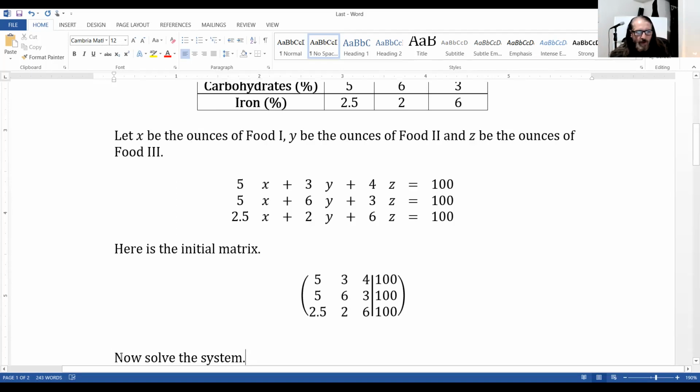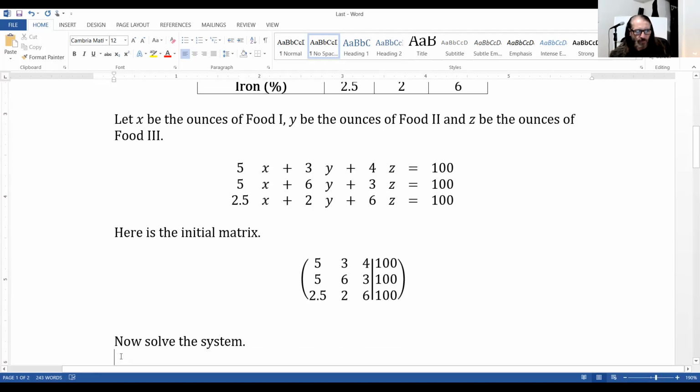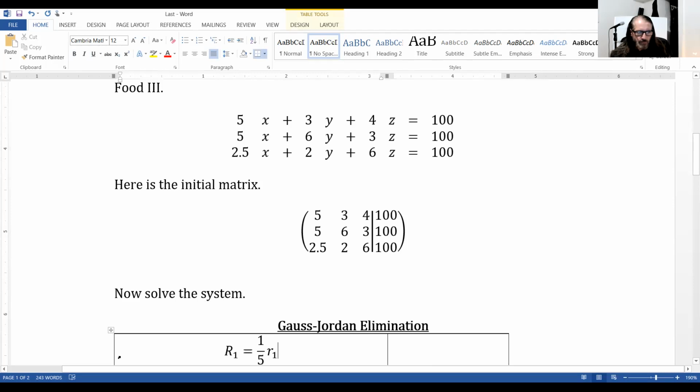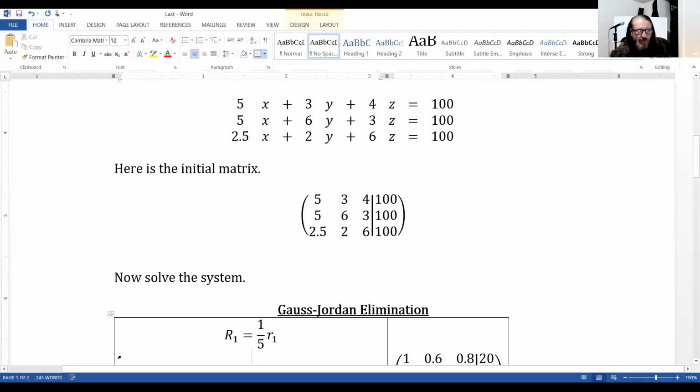so remember that you want to get a 1 along the diagonal and zeros elsewhere within the column, working left to right down the diagonal, using multiplication to get 1s along the diagonal. So what I do is take 1/5 of row 1 to get a new row 1.